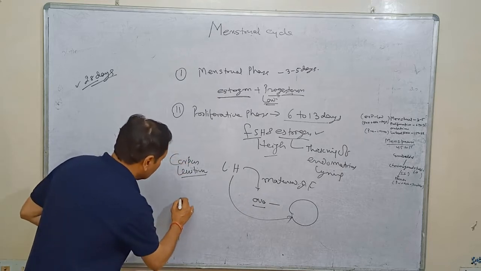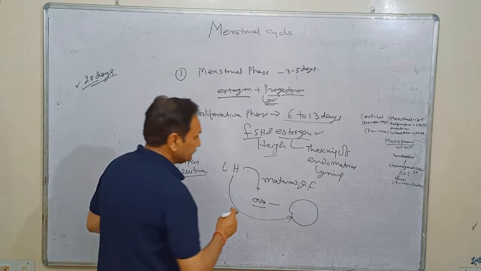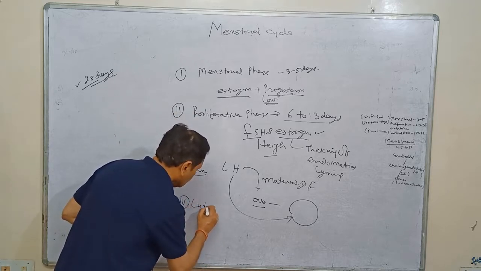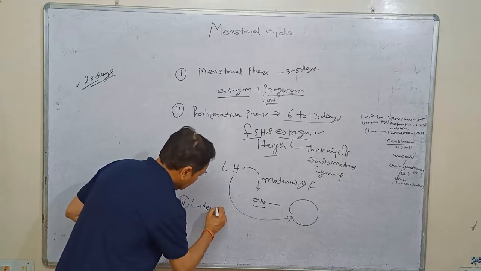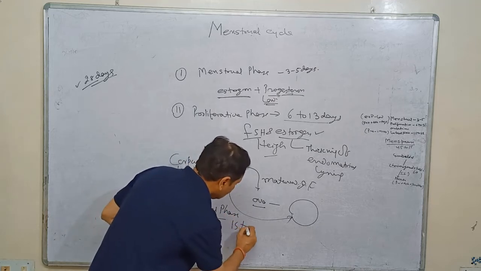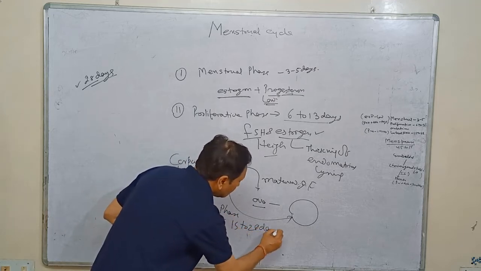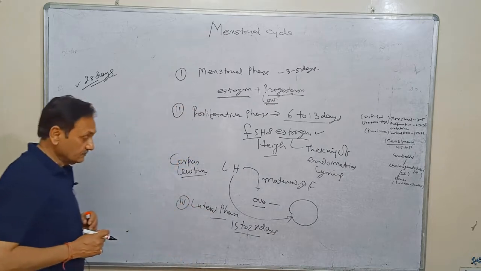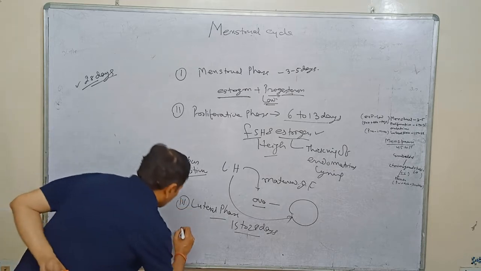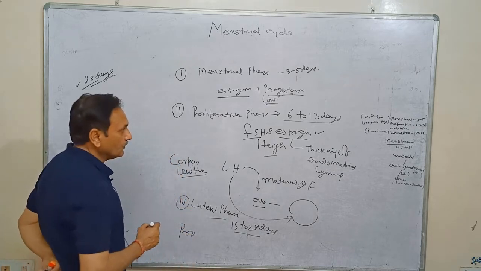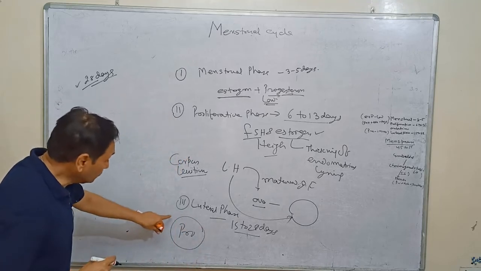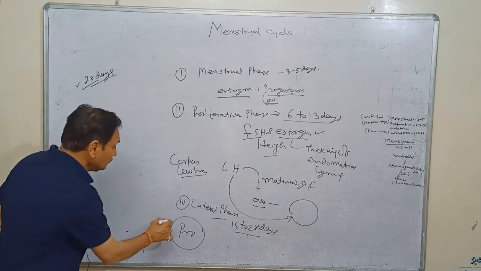And the third phase will start, and that is called the luteinizing or luteal phase, and it lasts 15 to 28 days. Now what happens in this phase? We see that in this phase the progesterone level is very much increased, and the source of the progesterone is the corpus luteum.